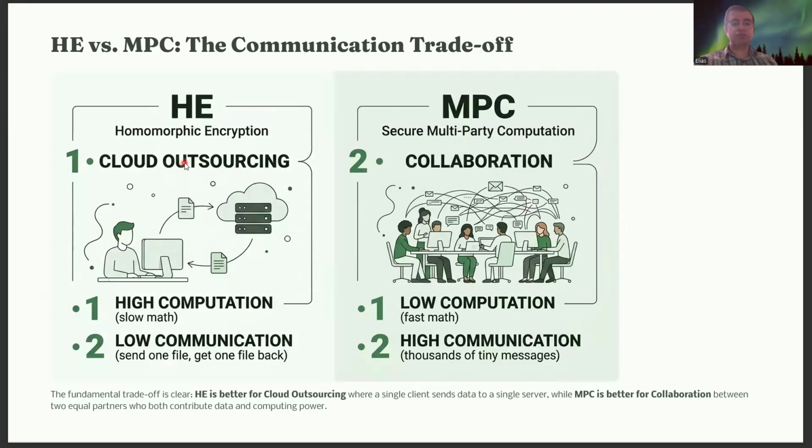If you are dealing with cloud outsourcing, where you want to give all your computation to be done on the cloud, use homomorphic encryption. But if you want to do collaboration, use MPC. The computation is fast in MPC, but the communication takes a lot of time. In homomorphic encryption it's the opposite: the computation is slow, but communication is fast.